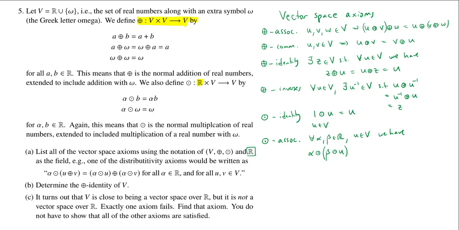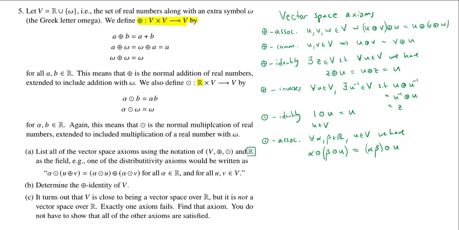Or alternatively, I first just multiply alpha and beta together. This is just happening in the real numbers, it's regular multiplication. And then I O dot that with u. The associativity axiom says you get the same value. So that's all the stuff with the scalar multiplication.